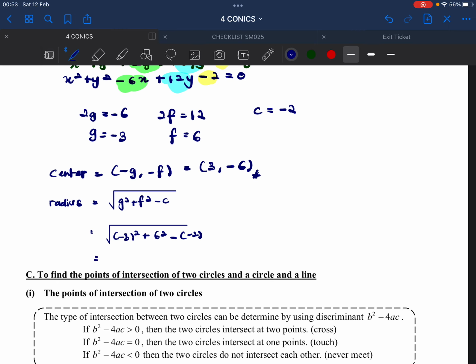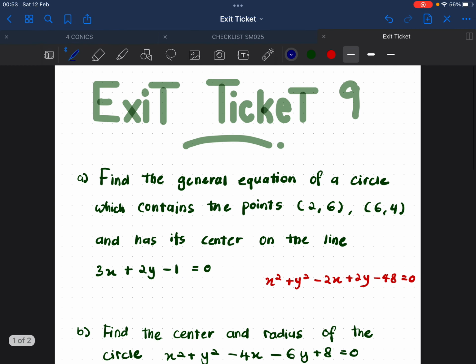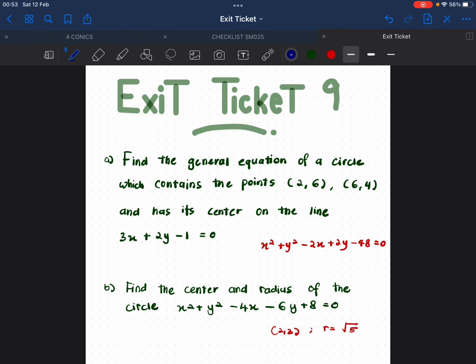If you put everything in your calculator, you should get square root of 47, and this is our final answer. As you can see, it's a little bit easier if you use comparison, but it depends on the question or which one you think is easy.